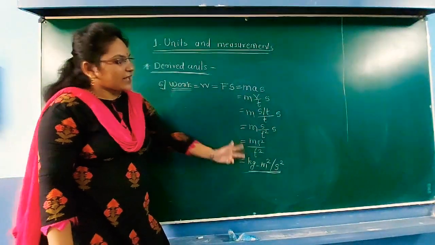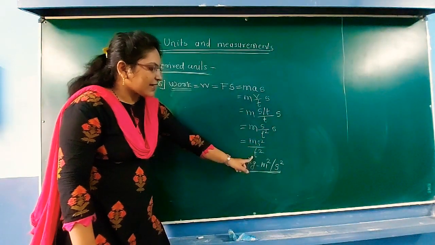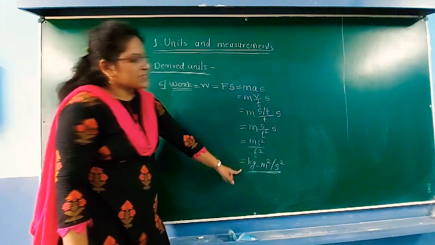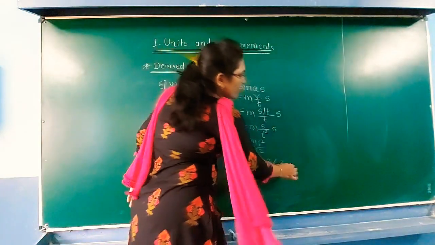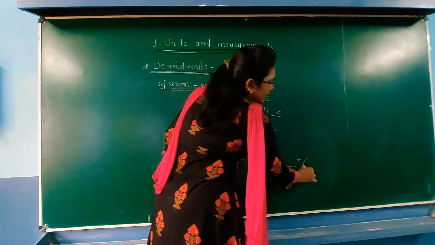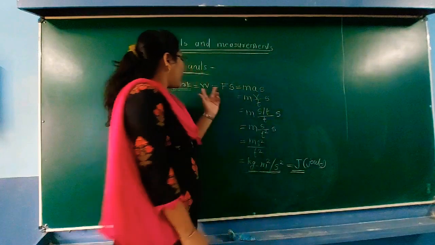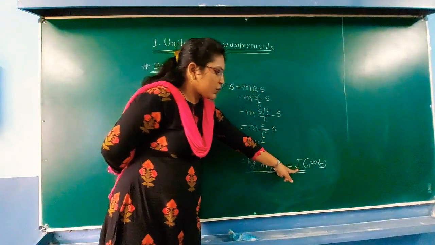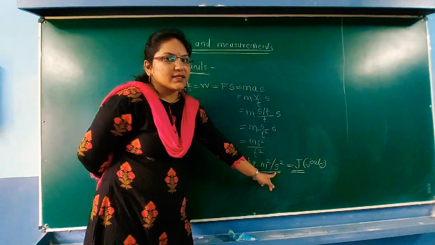Work is a derived quantity which depends on three physical quantities, length, mass and time, and SI unit is kg meter square per second square. It is also called joule. The symbol is capital J. Work has SI unit joule, and joule means kg into meter square per second square.